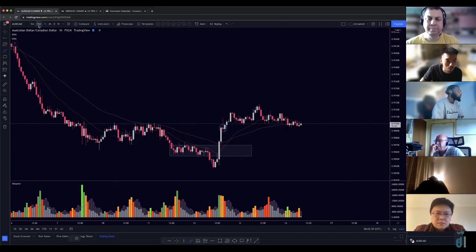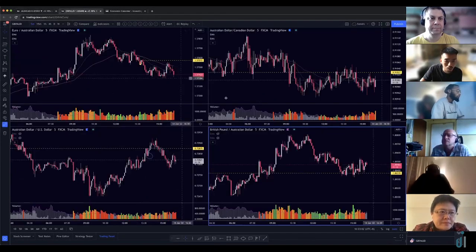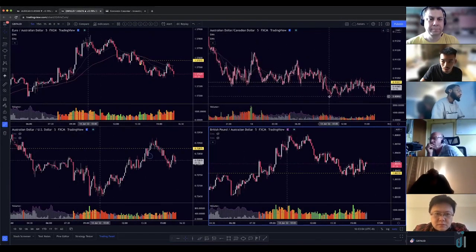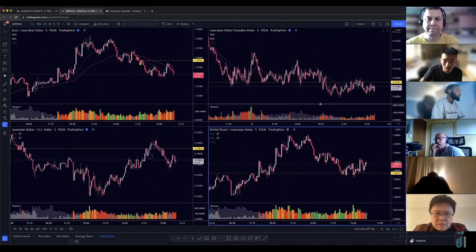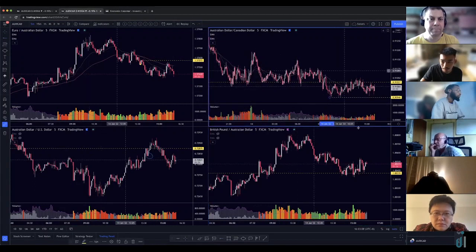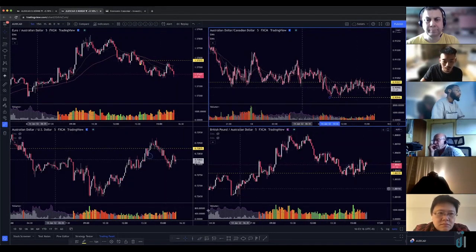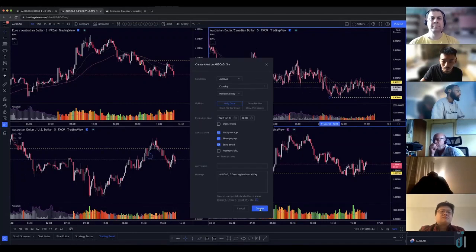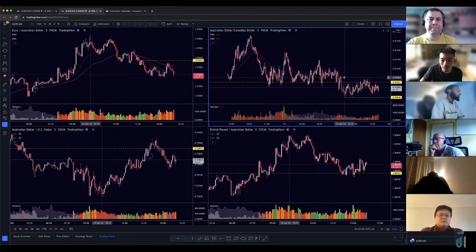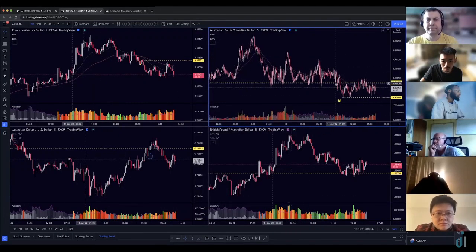The only thing I would do is just go back to my correlated charts and put an alarm down at where the break would be, just to indicate that there's strength coming in, or weakness from the Aussies coming in. Right, all these are just indications. I'm not really looking at too many things.